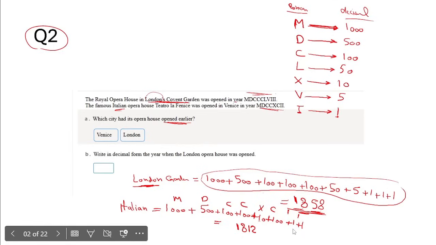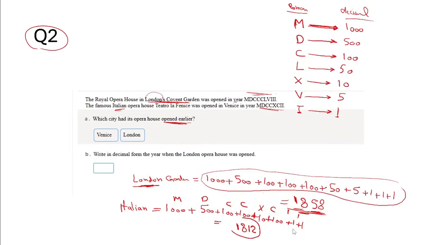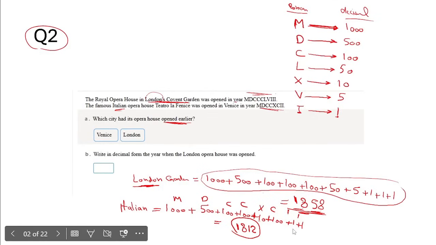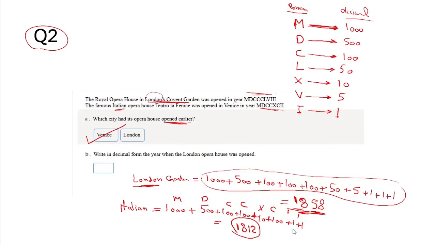So which one of them opened earlier? The Italian one was in 1812, and London was in 1858. So the answer is Venice.